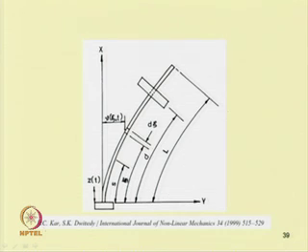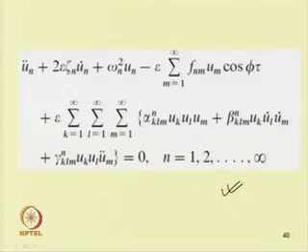For example, one can refer to the paper by Kaur and Dwivedi, International Journal of Nonlinear Mechanics, 1999, pages 515 to 529, where the nonlinear dynamics of a slender beam is studied. In this case, the equation can be written in this form, and here 2 mode interaction has been taken.